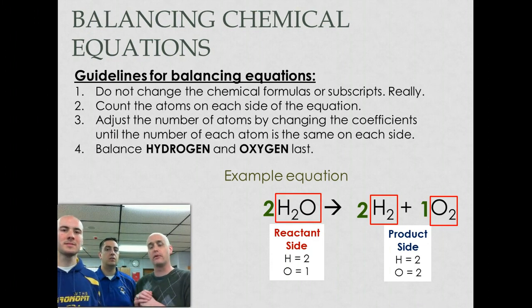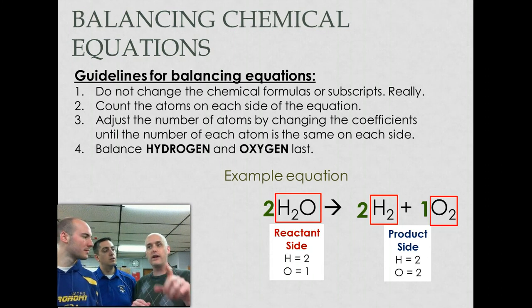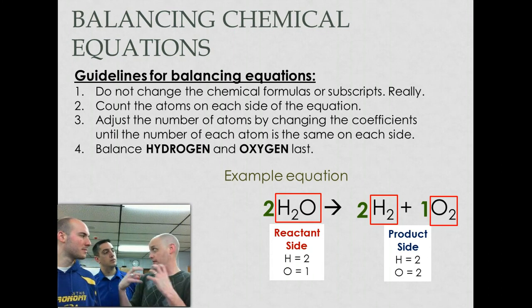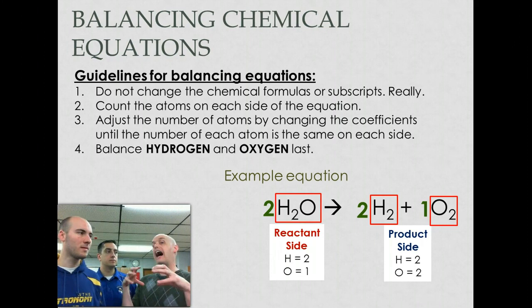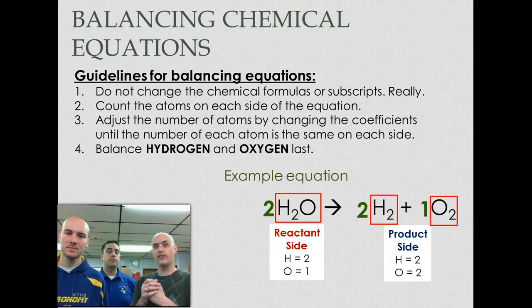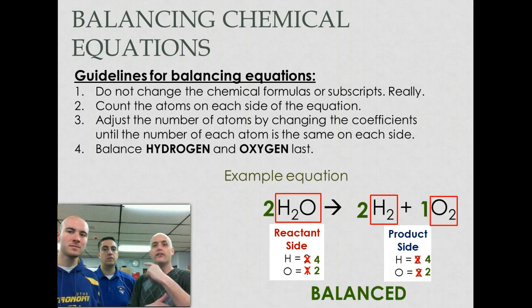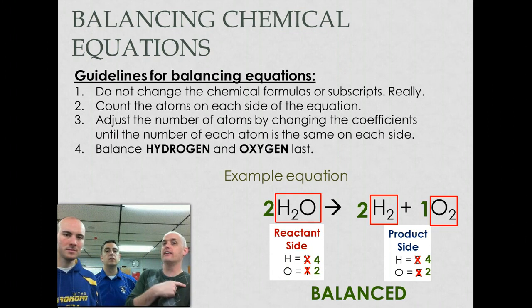But I want you guys to remember when we get in the classroom, generally we are going to balance all the other chemicals first, and then we're going to take a look at hydrogens, and then usually oxygens last. If you look at that now that we've added coefficients, the numbers we had are no longer correct. Our new numbers show that we have 4 hydrogens and 2 oxygens on the reactant side, 4 hydrogens and 2 oxygens on the product side, which means it's now balanced.